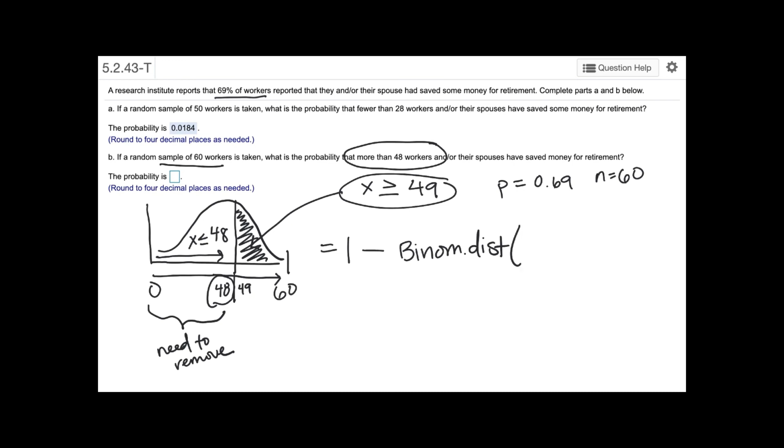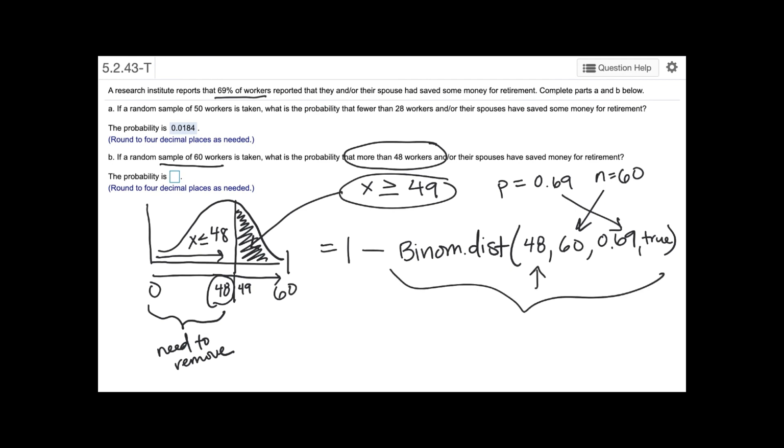In this case, I'm going to get rid of 48 or less workers. So the x value I will enter is the 48. My n is the 60, and my p is the 0.69. And then true. So be careful when plugging in this x value. This right here is what we are getting rid of or subtracting in order to get what we actually want, which is this right here. So I'm getting rid of my left side in order to find the right side of my curve.